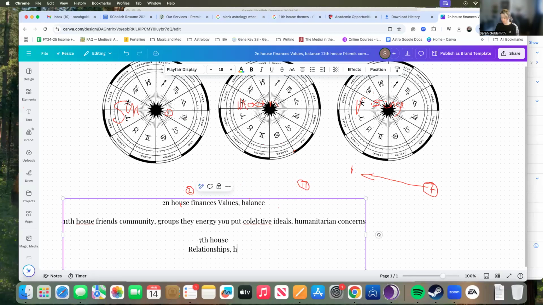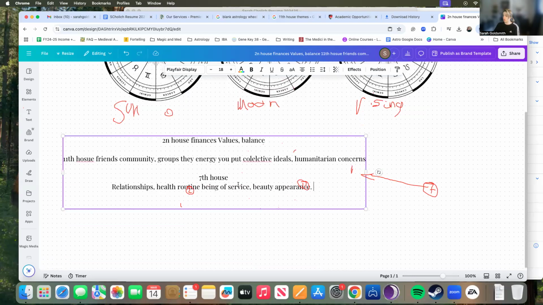My seventh house is in Virgo, so I also do health, routine, being of service, beauty, appearance is a little bit in there too. And I got a lot of pimples going on right now.